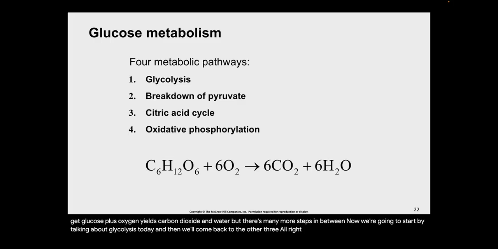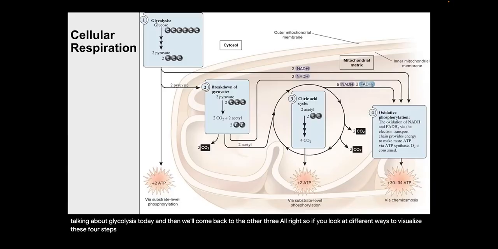All right, so if we look at a different way to visualize these 4 steps, we can look at where they are occurring. So it's those same 4 steps that were listed on the past slide. We have glycolysis, breakdown of pyruvate, citric acid cycle, and oxidative phosphorylation.